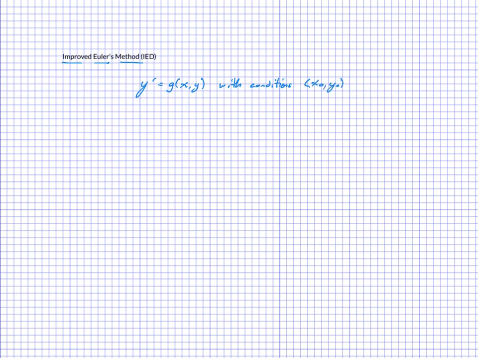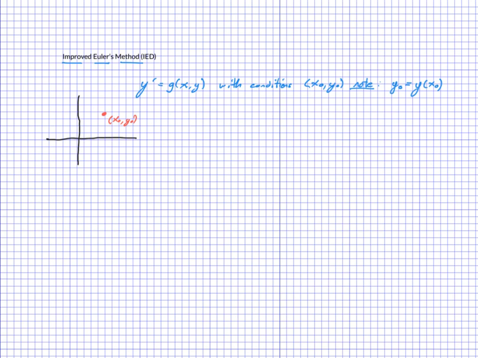Don't forget that note, just like before, y naught is equal to the solution to the ODE, y, evaluated at x naught. It's the initial point. So we have the exact same setup that we have before. All right, we have our point somewhere, x naught comma y naught.